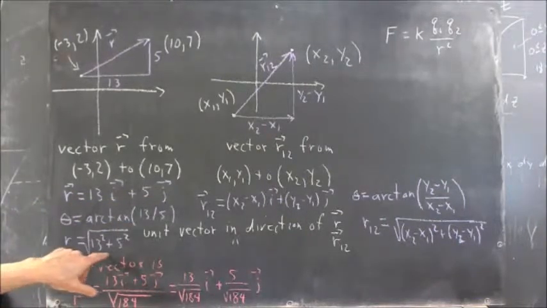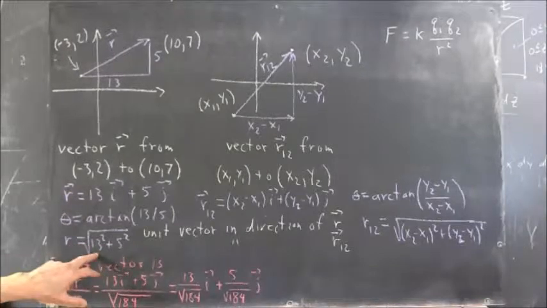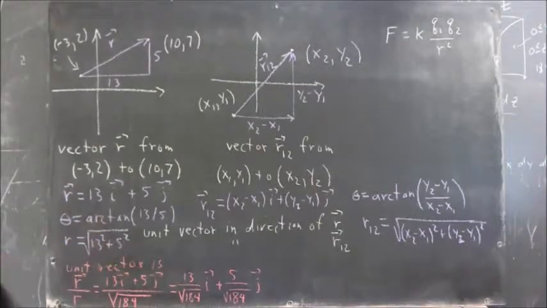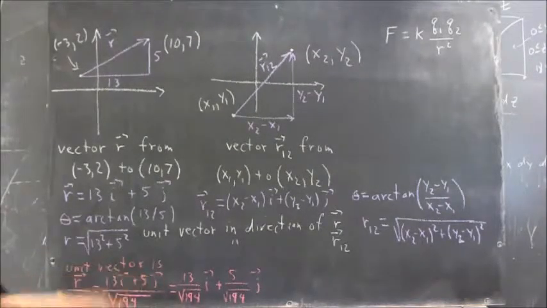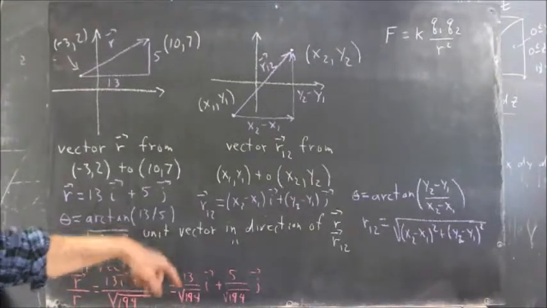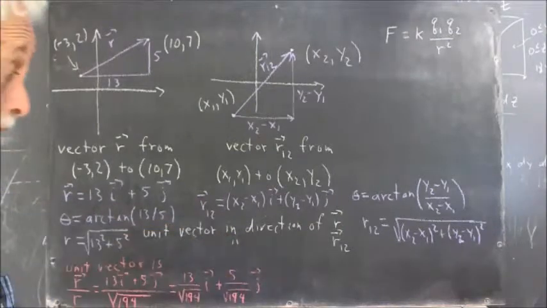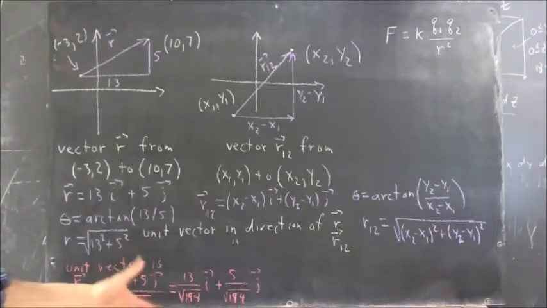R is the square root of 13 squared plus 5 squared. 13 squared is 169, 5 squared is 25. They add up to 194. So the unit vector is 13 over the square root of 194 i plus 5 over the square root of 194 j.